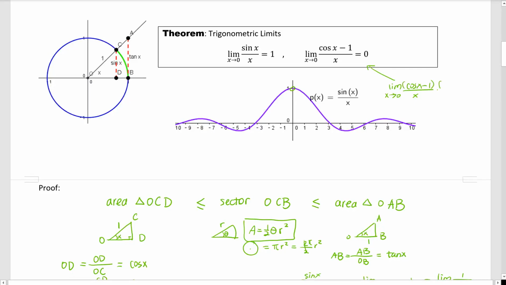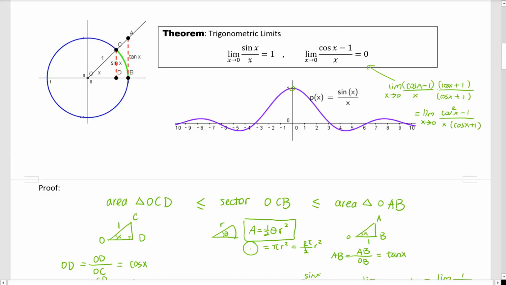This is actually similar to the difference of squares. You can multiply by its conjugate. What's a conjugate? Well, the terms are the same, but you flip the middle sign. Okay, and then we have cosine squared x minus 1 over x times cosine x plus 1, okay?